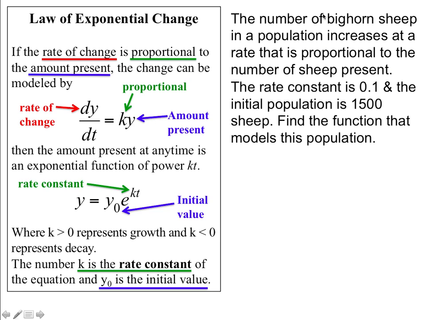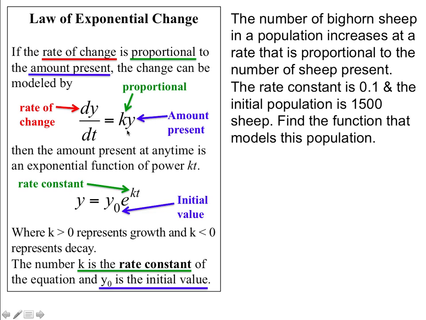If we go back to the example in your notes, we have bighorn sheep, and the population increases at a rate that is proportional to the number of sheep present. Once you see that phrase, you know it's this. The example goes on to say that the rate constant is 1/10, and the initial population is 1,500. With these two values, we should be able to write both.